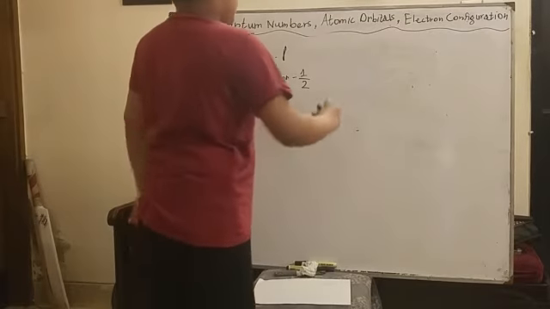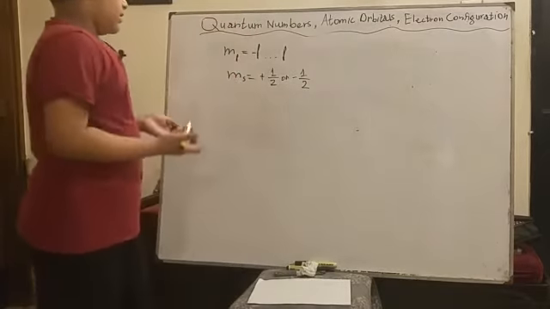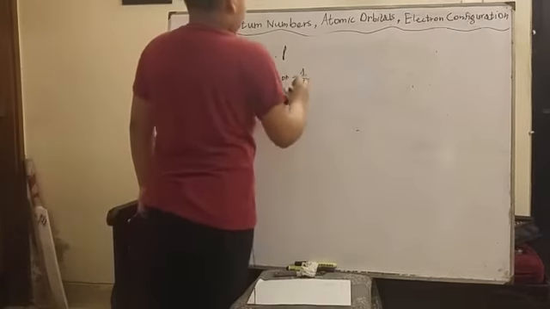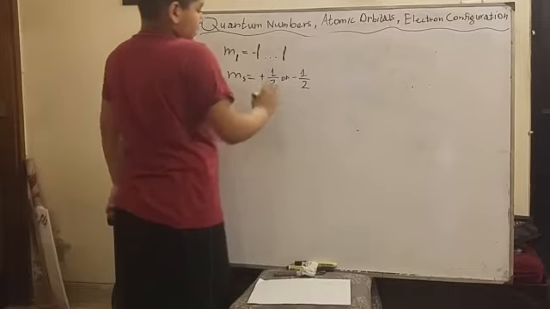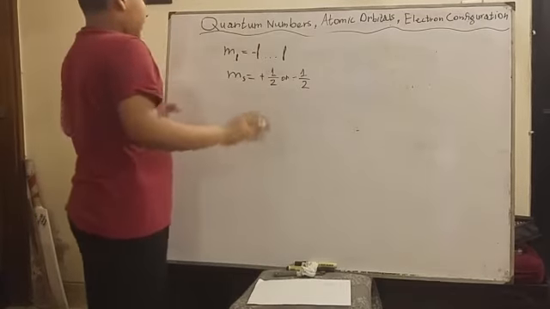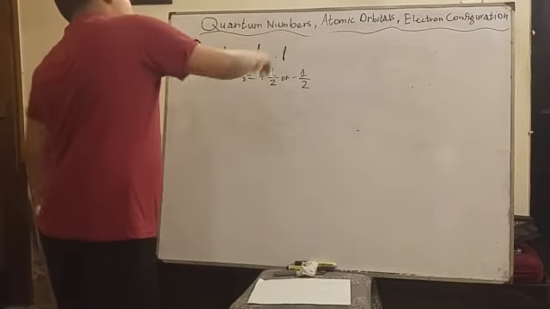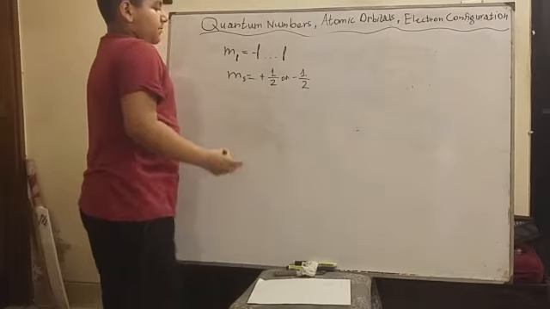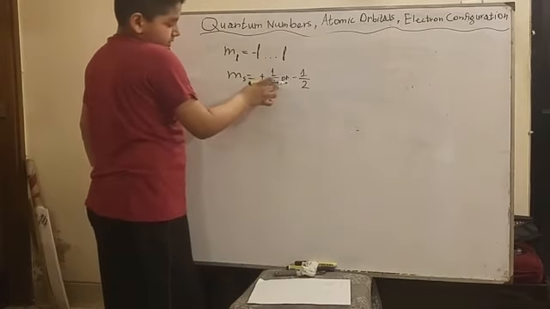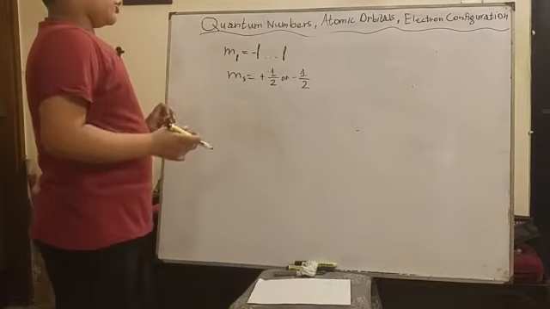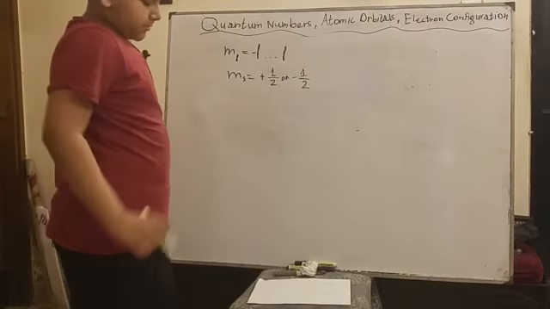Now that we know about this, we also need to know that no two electrons can have the same set of all quantum numbers. As we can see from the spin value, at least one has to be positive and at least one has to be negative, as it is shown by the Pauli exclusion principle.